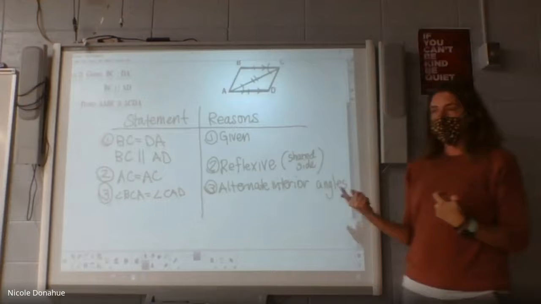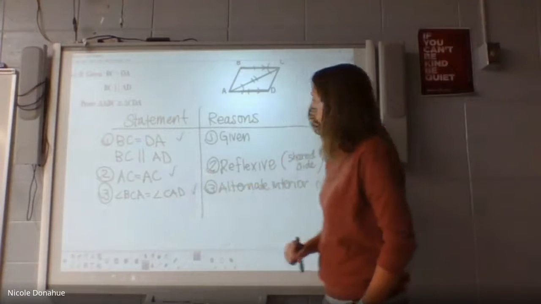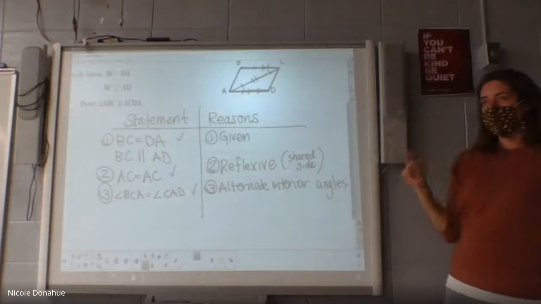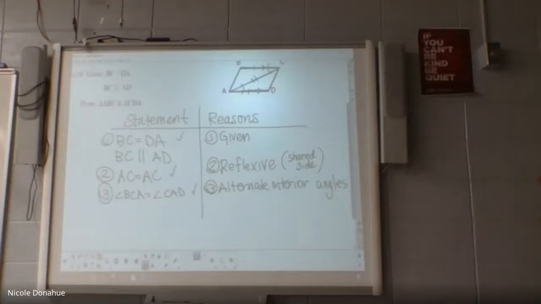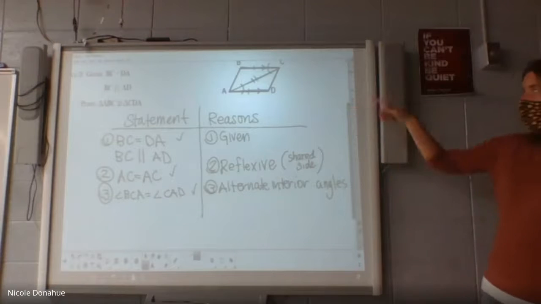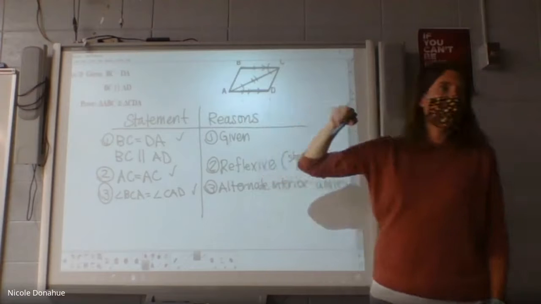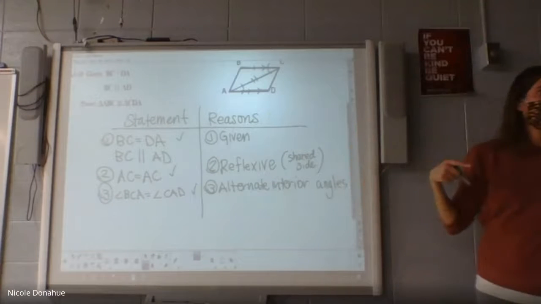Now, if you look at our proof, we have a side and an angle, but we have to look at our drawing to figure out which type of reason we're using in this case. Obviously angle, angle, side doesn't work, but if we look at our drawing, what do we call this?